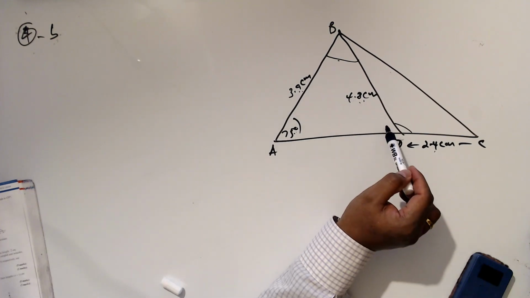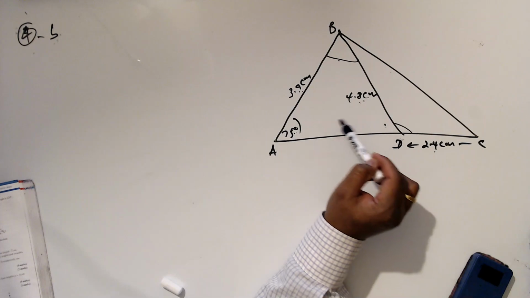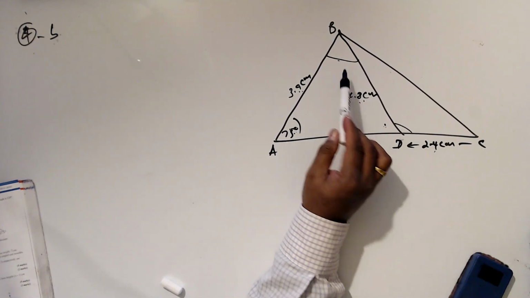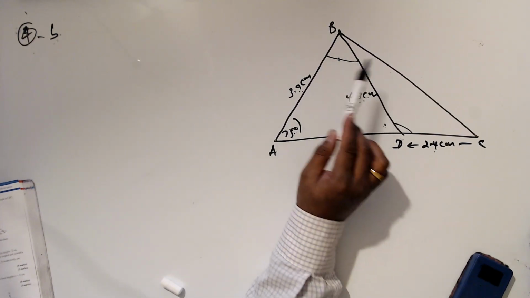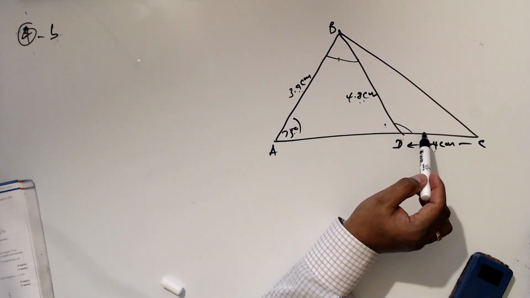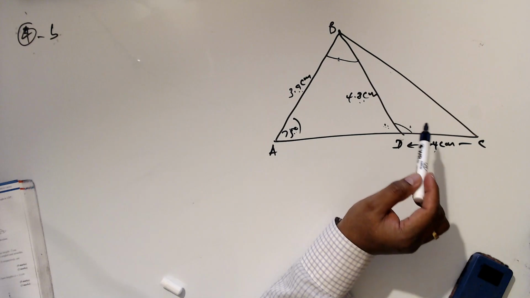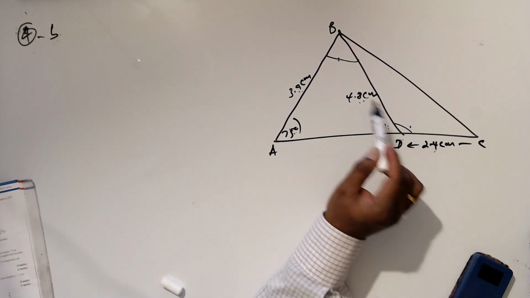Length and angle is missing. I can find this angle, then 180 minus those two, I can get this one. And I know this angle again, 180 minus this one, I will get this angle. Then I can work out.